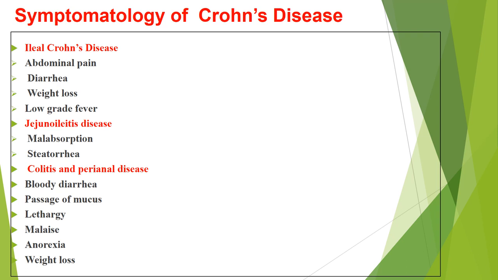When it involves the duodenum and the ileum, we call it duodenoileitis, and usually the patient presents with malabsorption and steatorrhea. So it can present with another type of diarrhea, which is small bowel diarrhea. Also, when it involves the colon and perianal disease, usually here we start to see bloody diarrhea, which is a type of large bowel diarrhea, passage of mucus, lethargy, malaise, anorexia, and weight loss.